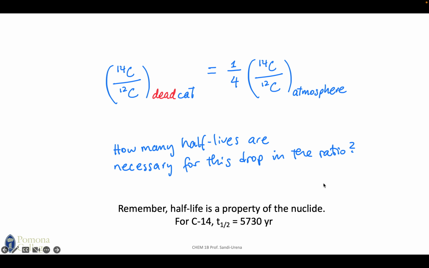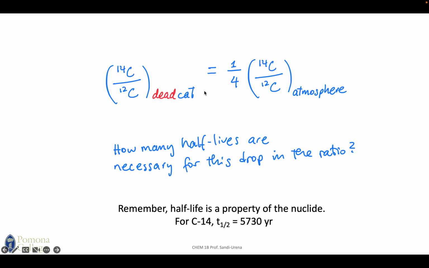Neat. Because, for instance, if we go in and we measure the ratio of carbon-14 to carbon-12 here, in the dead cat, and we see that that corresponds to 1/4 of the ratio of carbon-14 to carbon-12 in the environment, in the atmosphere, if it is 1/4, we have a good idea of what time has passed.